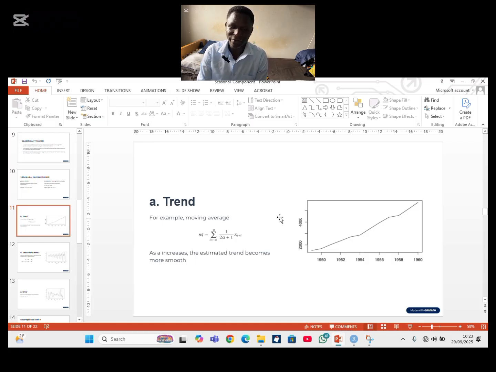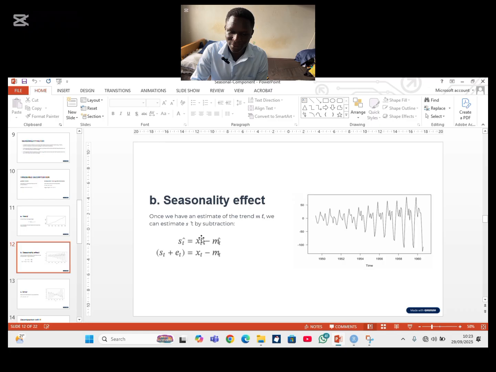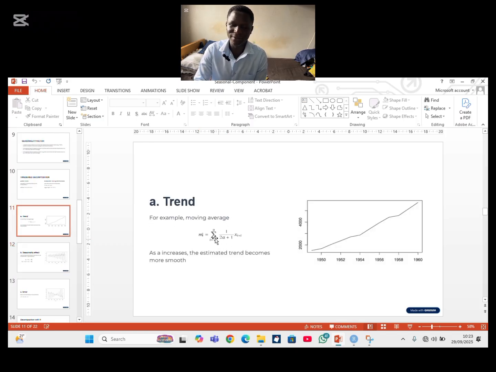And now, we are illustrating our trend with this small letter m with the subscript t. And when you estimate your trend and you want to remain with only the seasonality effect, you subtract from the original values you had, which we are calling our x, this figure you have got from here, the trend.